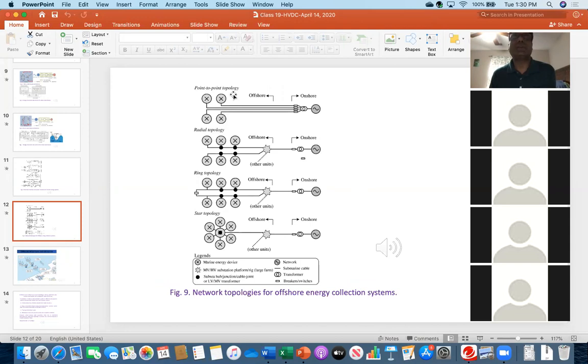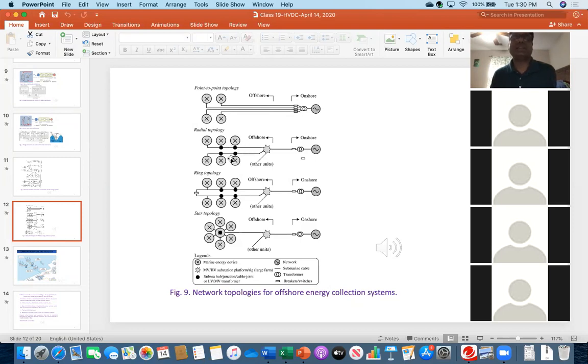Point-to-point topology means one energy converter is connected to the onshore system at a time. Of course, there are offshore and onshore portions, but it is showing the connection. This means point-to-point connection, all independently or individually connected to the onshore system.